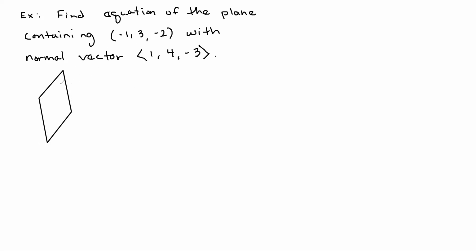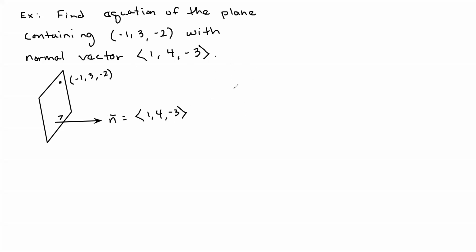Let's let that point be (-1, 3, -2), and this vector, we're told, is the normal vector, so we'll draw a vector on our picture and say that vector n equals (1, 4, -3). That gives us a representation for the information that we were given. Again, totally unnecessary, but it's a good practice.